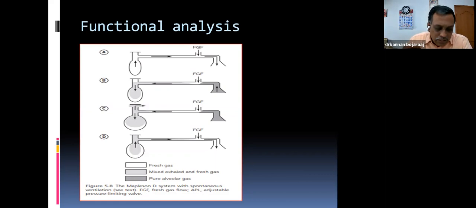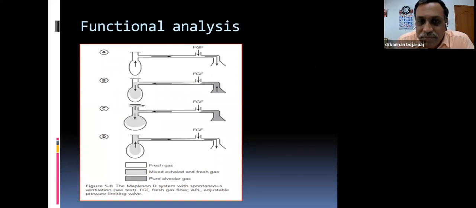That depends on the fresh gas flow rate, number one, and number two, the duration of the expiratory pause. If the pause is longer, it will vent almost most of the gases in the expiratory limb. In this stage, if the expiratory pause is longer, it will vent almost all the gases, I mean, almost all the mixed alveolar gases.